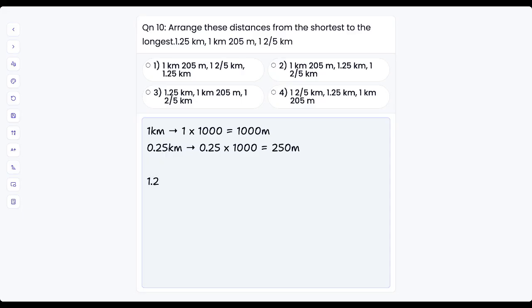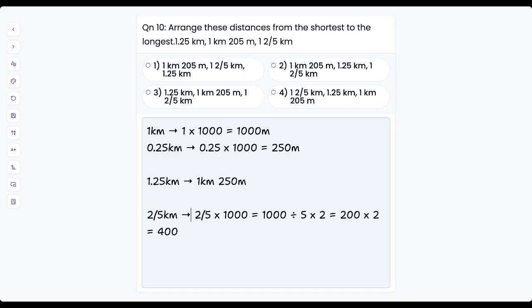So 1.25 kilometers, we basically convert to meters, is 1 kilometer plus 250 meters. So 2/5 kilometer is basically 2/5 times 1000, which is the same thing as 1000 divided by 5 times 2. In this case it is 200 times 2, which is 400.